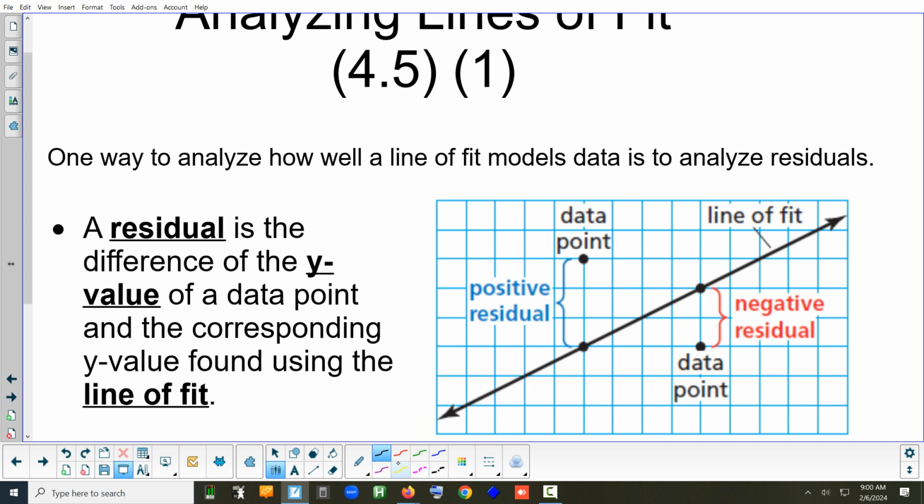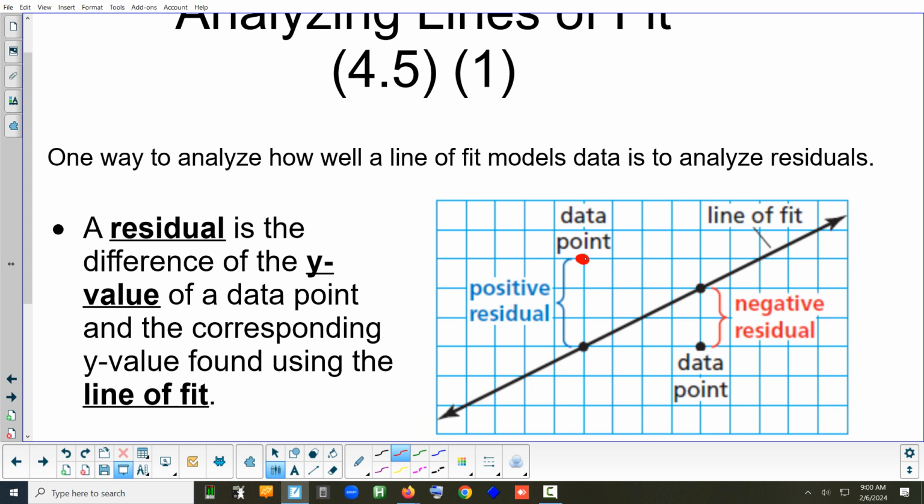On the first blank, you'll fill in the word residual: the difference of the y value for the data point and the y value on your line. So what do we mean? Here's your data point that was given to you, maybe in a table.